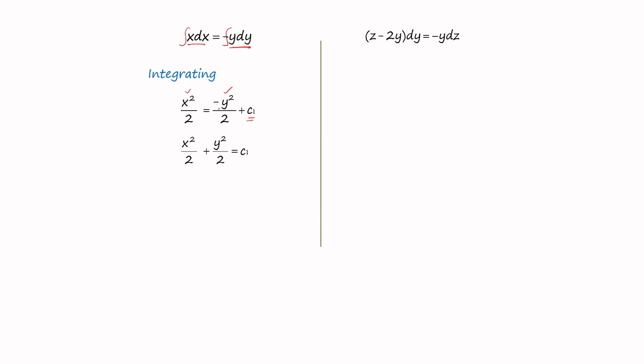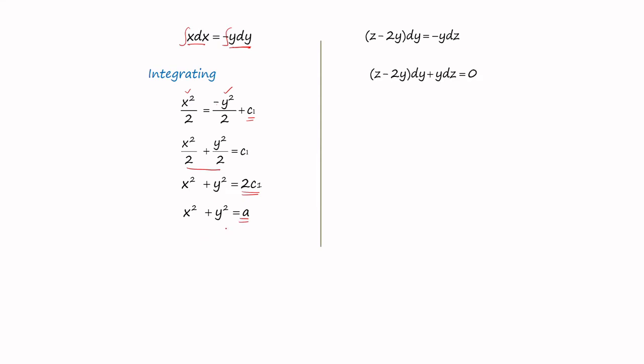So when you take minus y squared by 2 to this side, you have plus y squared by 2 is equal to c1. Or you take LCM 2 and take that 2 to the other side. So you have x squared plus y squared is equal to 2 c1, or 2 c1 can be taken as another constant a. Okay, so this is our one solution.